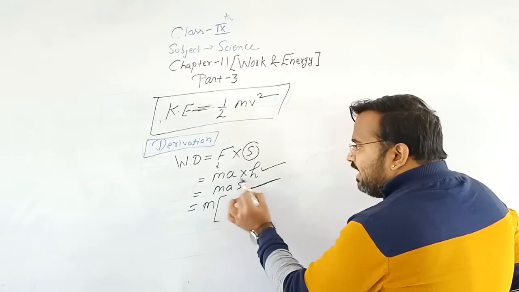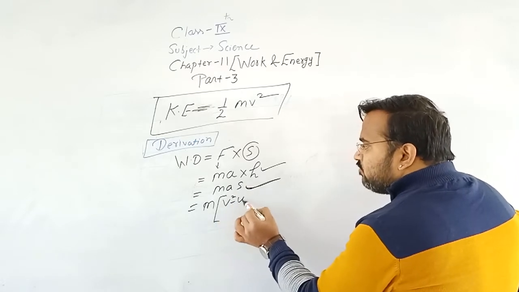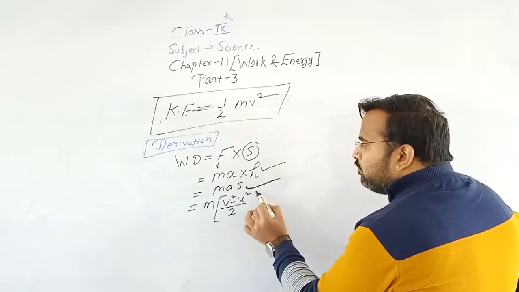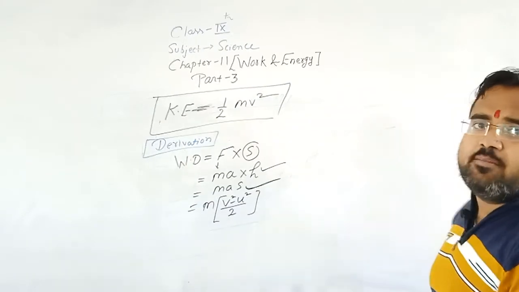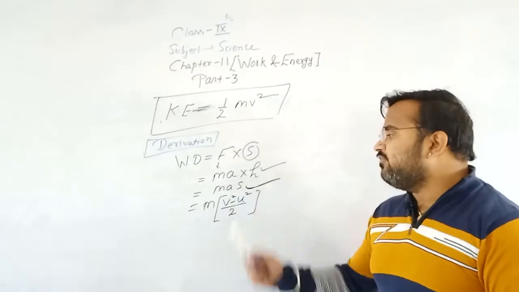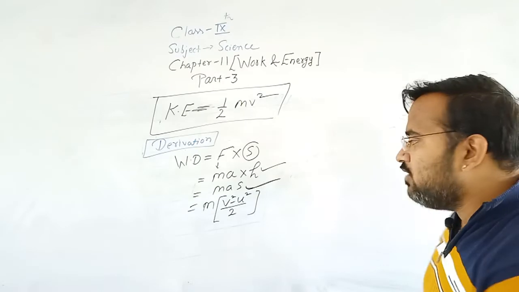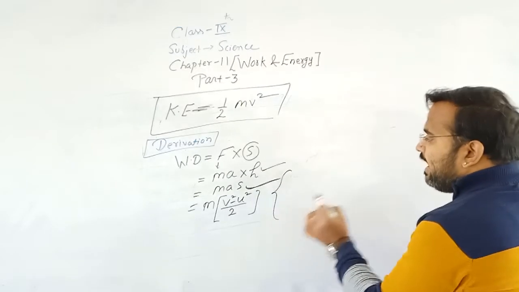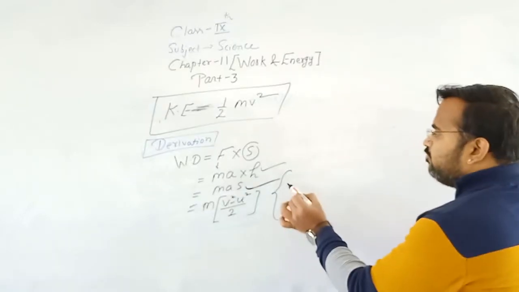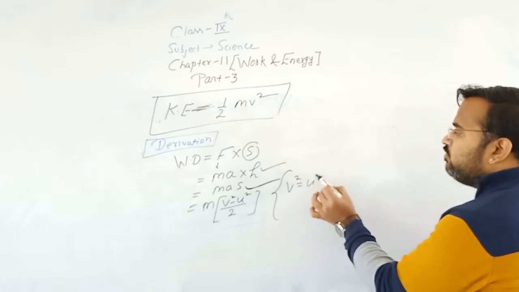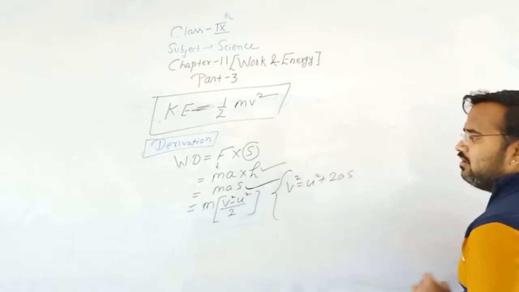Instead of a s, I will write v square minus u square upon 2. Now the question in your mind: how, instead of a s, have we written v square minus u square by 2? See, the third equation of motion: v square is equal to u square plus 2as.